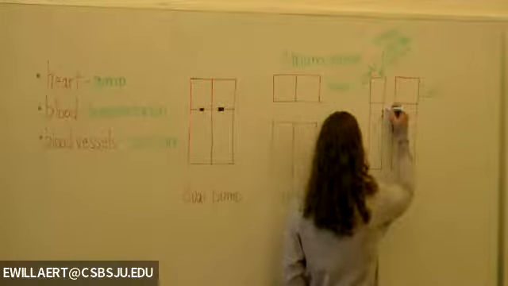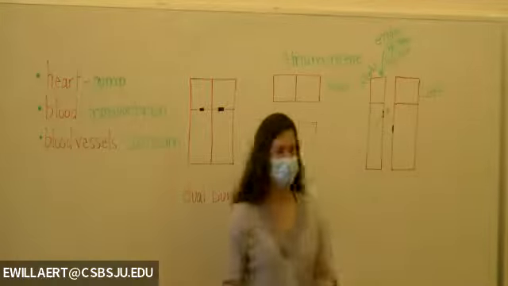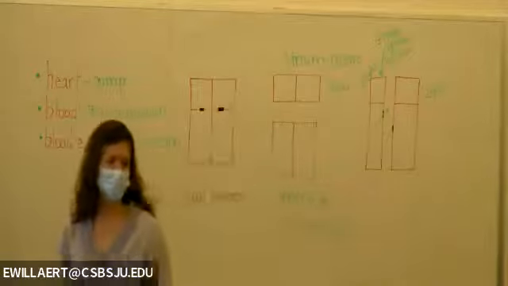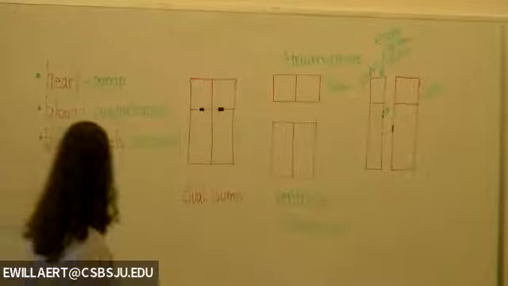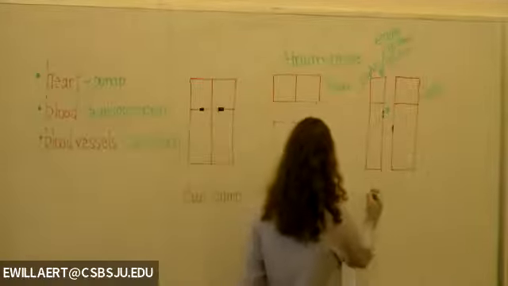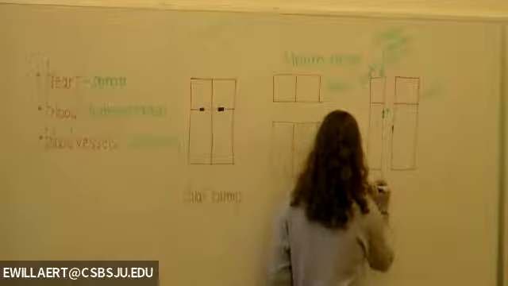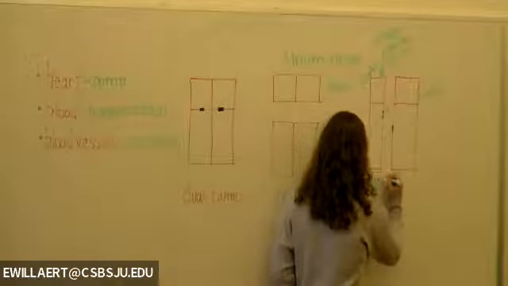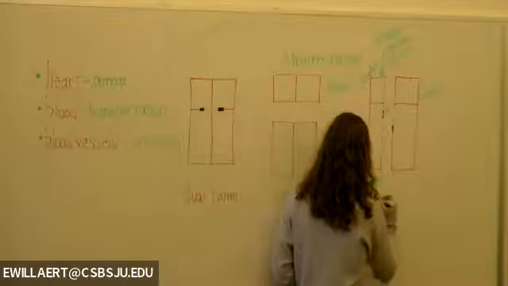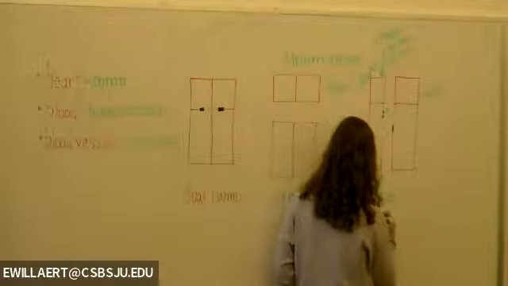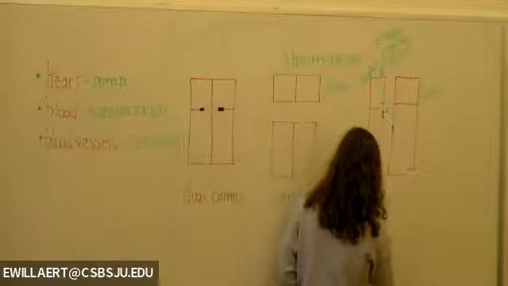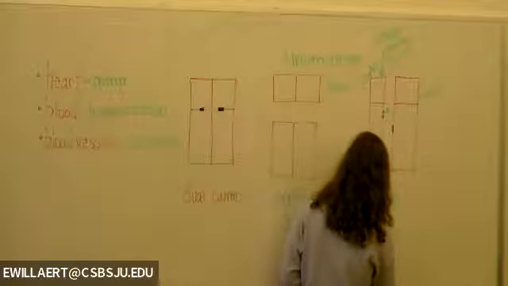And then where do we go from our right ventricle that's going to allow us to drop off some of that carbon dioxide and pick up more oxygen? The lungs. So our right ventricle delivers low oxygen, high CO2 blood to the lungs.